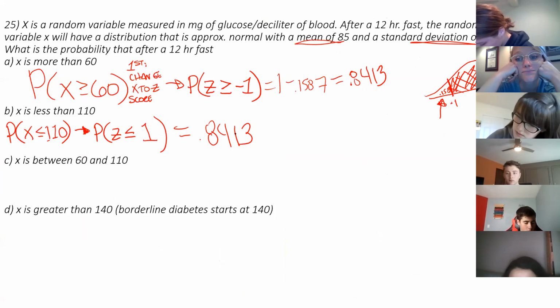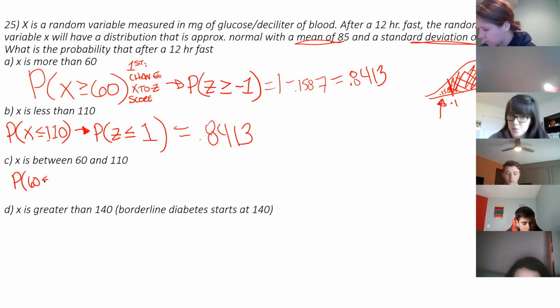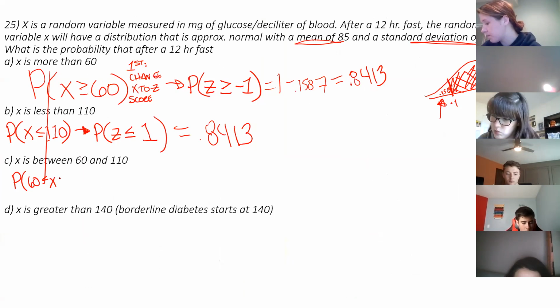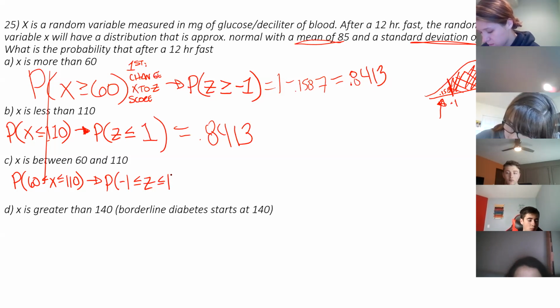You subtract something from something. You subtract the smaller number from the bigger number. Absolutely. So the probability that 60 is less than or equal to x, which is less than or equal to 110. And we already found those z-scores. So that's the probability that -1 is less than or equal to z, which is less than or equal to 1.